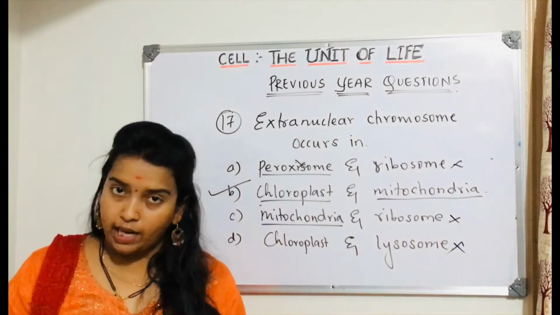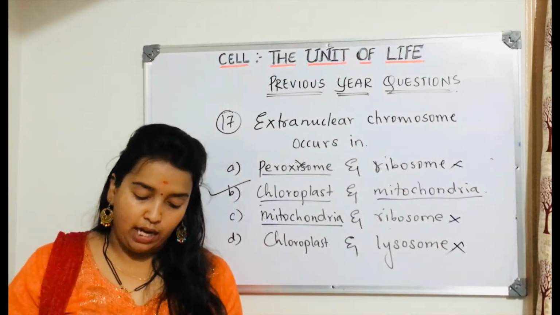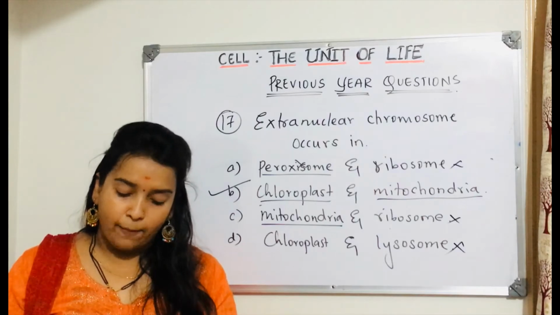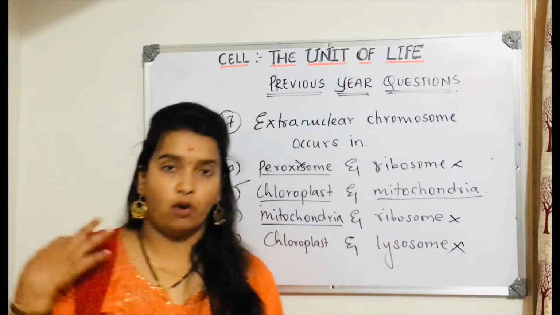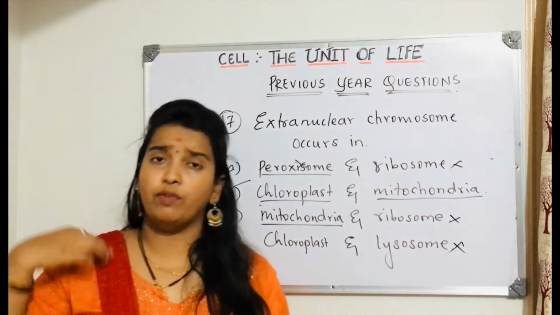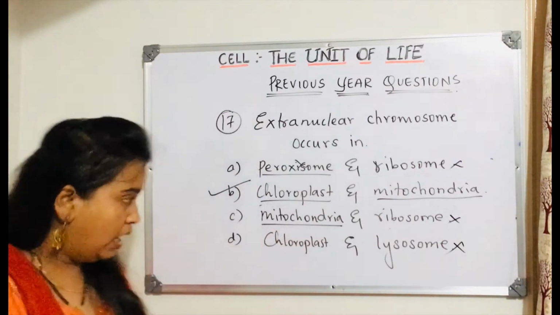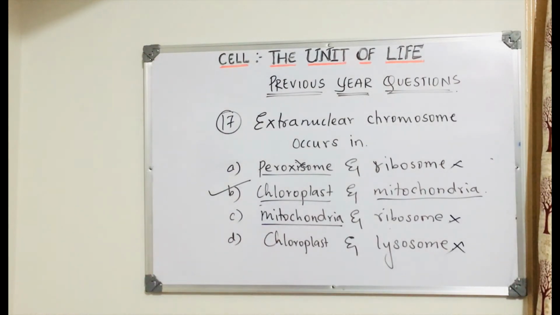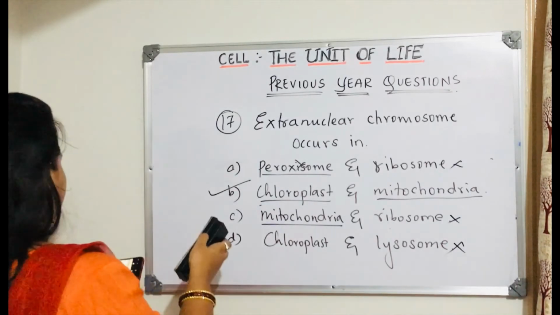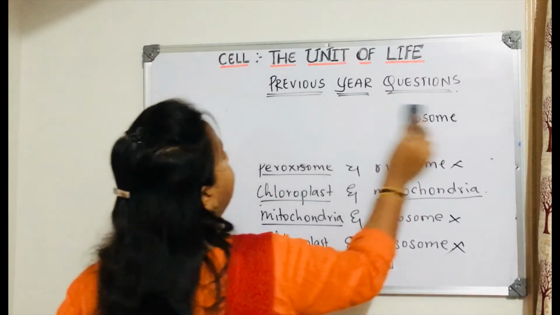They have their own DNA and their own protein producing machinery, but not all the proteins are produced by them. That is why they depend on the cell also for their function. So we call them semi-autonomous. Right? Next question. Please write down this one. The next one is the 18th question.